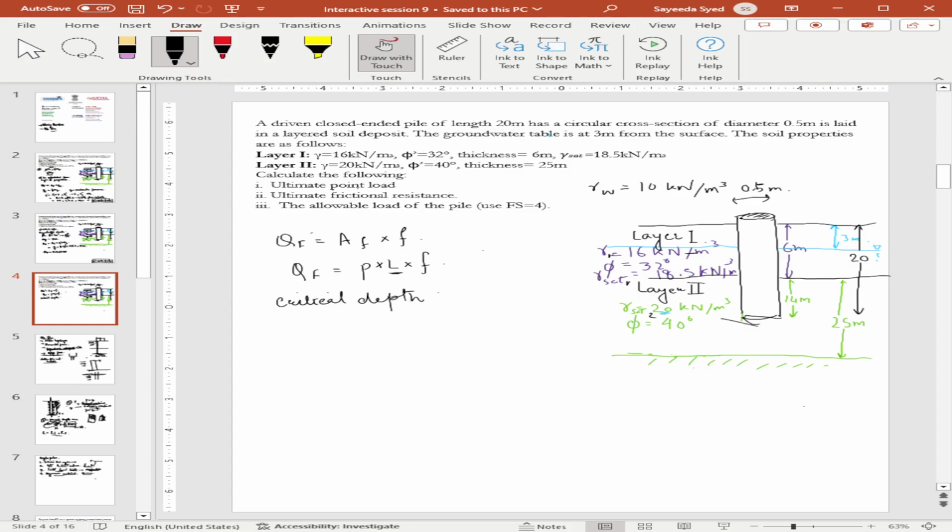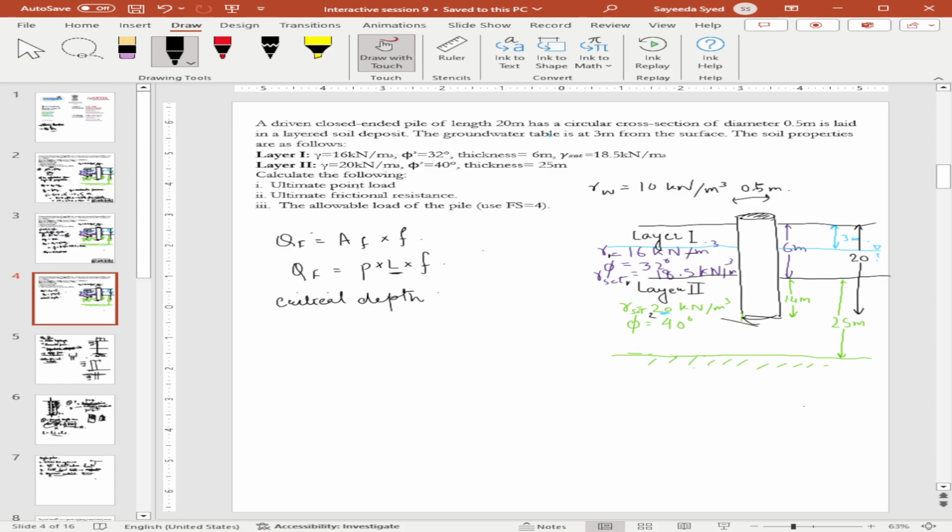So up to a certain critical depth, let me write LCR, our frictional resistance will be directly proportional to L. But beyond this, the frictional resistance will remain the same.